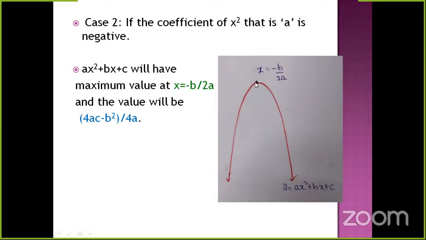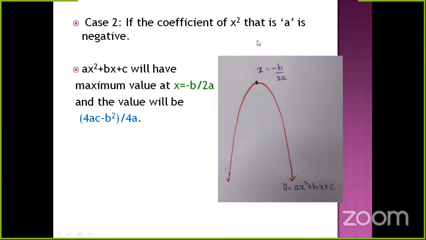See the value here? The value of y is going to minus infinity. So the maximum value will exist at this point, that is at x equal to minus b by 2a, and the minimum value will be minus infinity, so we can't find it.